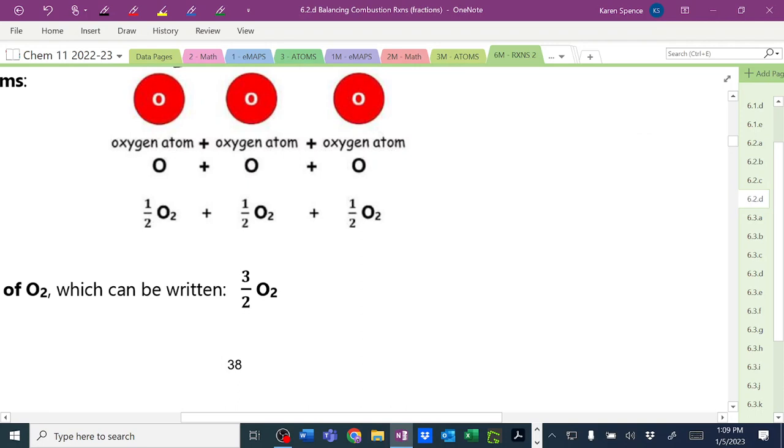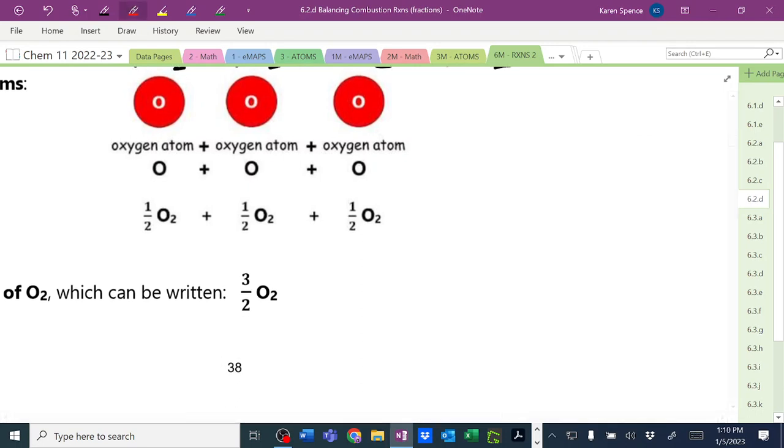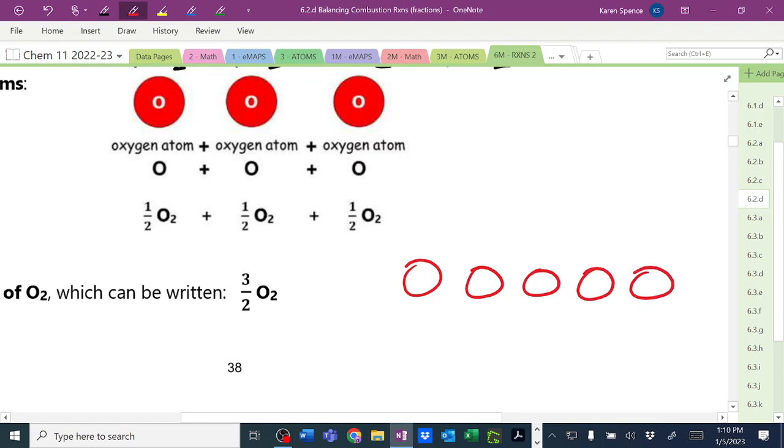What if we wanted to do 5 O atoms? Well, that would be a half of an O2 plus a half of an O2 plus a half of an O2 plus a half of an O2 plus a half of an O2.